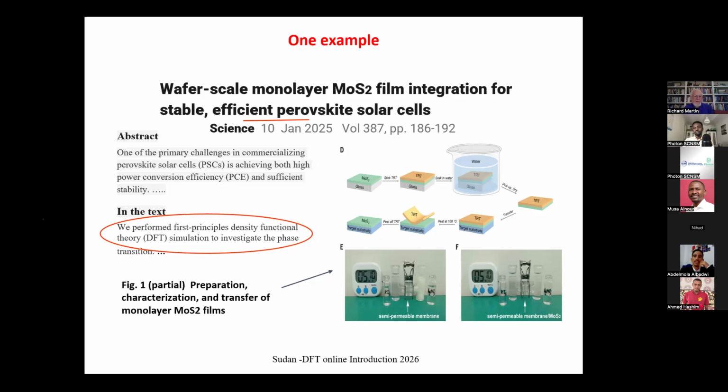Stability is the key issue for these perovskite solar cells. That's so much a part of research nowadays because they're efficient. And look in the text: "We perform first principles density functional calculations to investigate phase transitions," which is what these people were studying to try to make them more stable. So that's just one example.